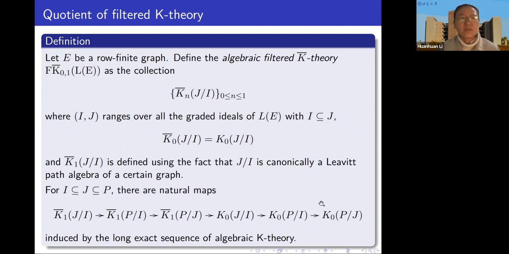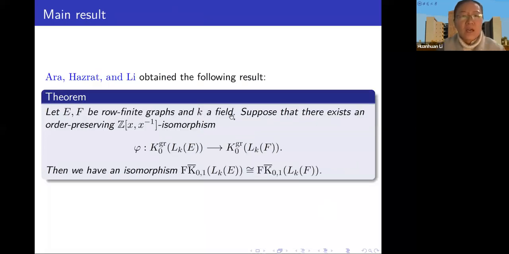So this is the definition, and then we have the main result in our paper: for row-finite graphs E and F and a field, suppose we have an isomorphism between the graded K groups for LE and LF.